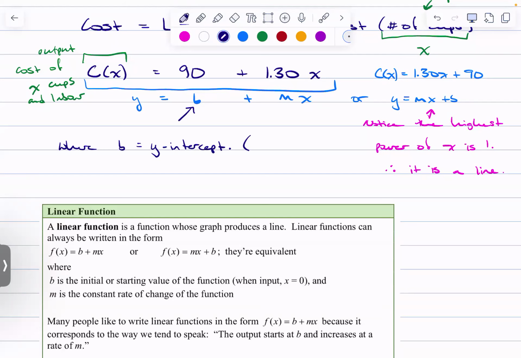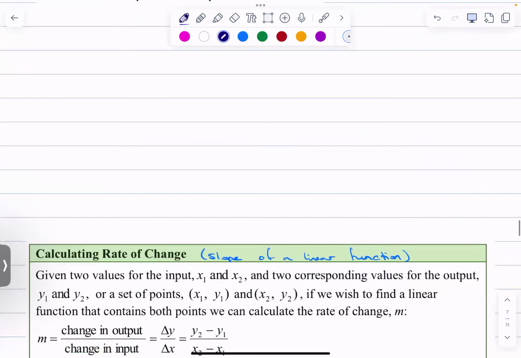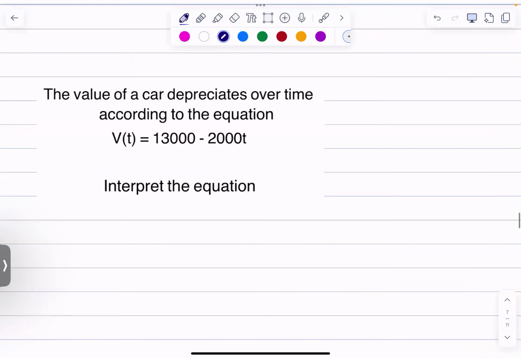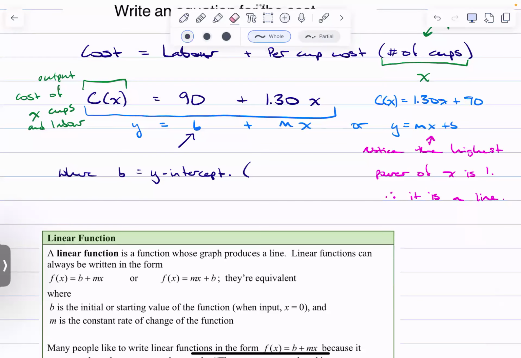Sorry, let me just scroll ahead. Okay, I'll have an opportunity to do it later, so I'll just hold off. So where b is the y-intercept, and of course m is the slope. So whatever is attached to the x is the slope.